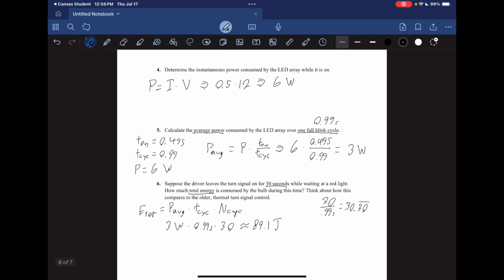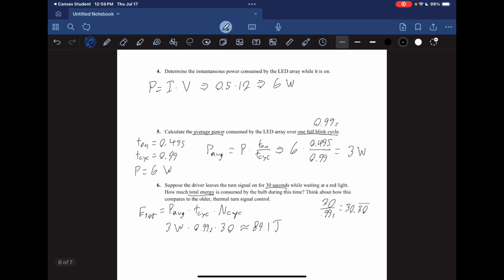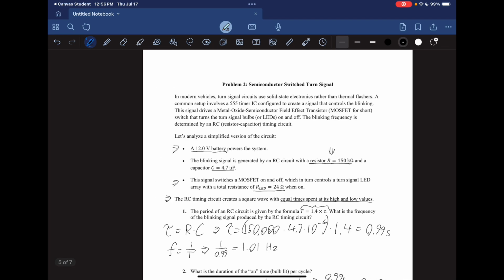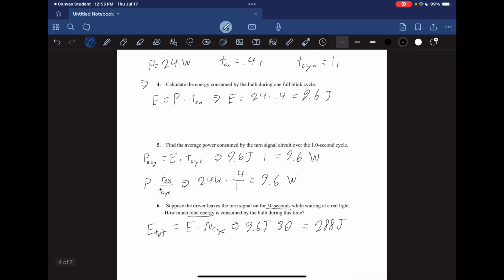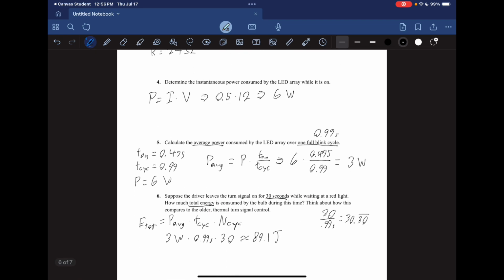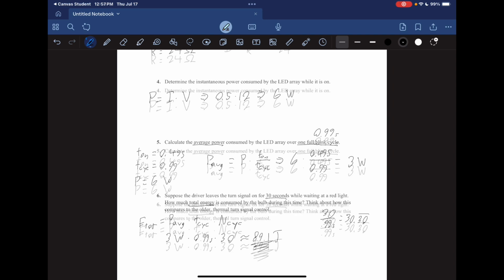So this is significantly less than the older thermal turn signal control, our older one, let's go back to it, was 288 joules. Whereas this one is only 89.1 joules. So the new system is much more efficient than the old system, which is very nice. And probably why it's the new system and the one more widely used today. We're all about energy efficiency.